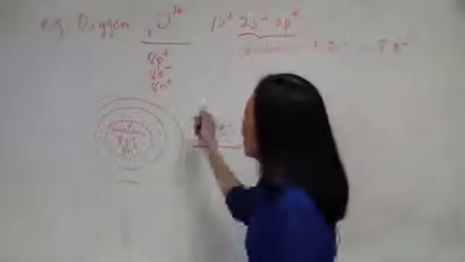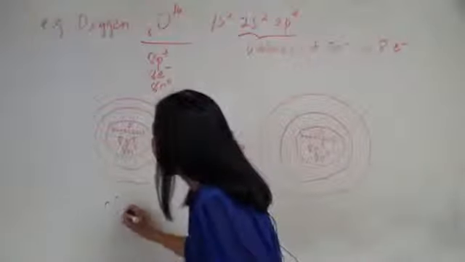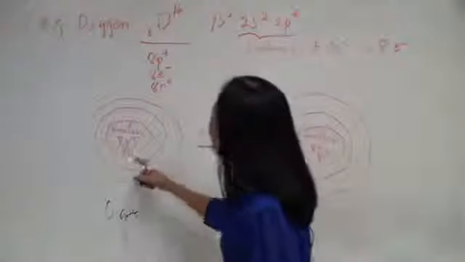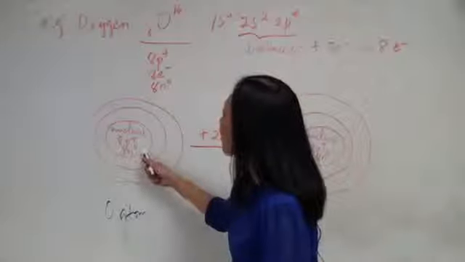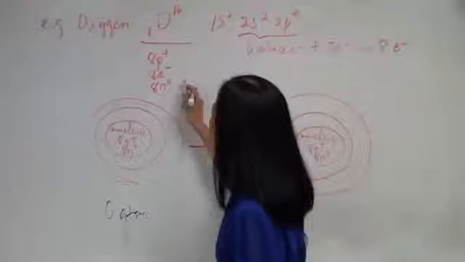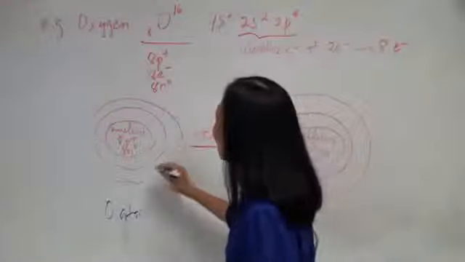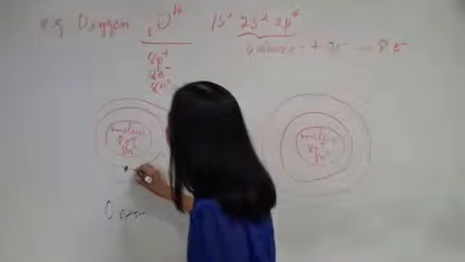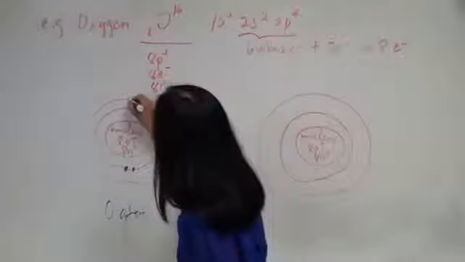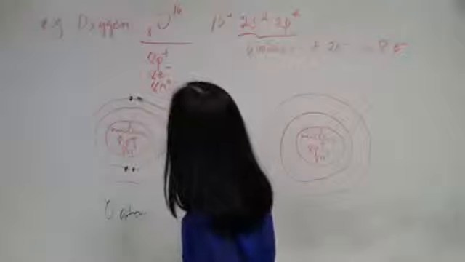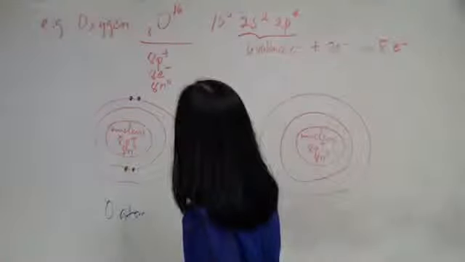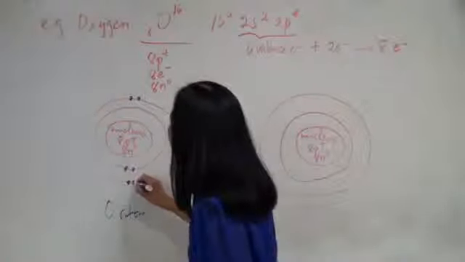Right, so if we were to draw the oxygen atom, this is your oxygen atom, it would have your nucleus with 8 protons, 8 neutrons, and then you have your 8 electrons in 2 electron shells, 2 electrons in the first energy shell, and then you will have your 6 electrons in the second shell.